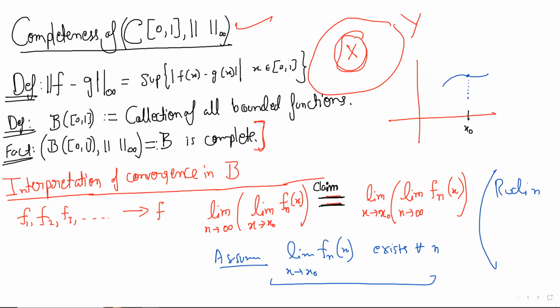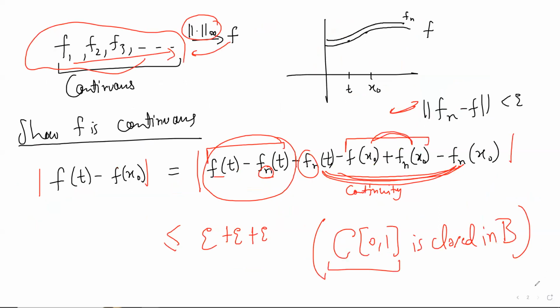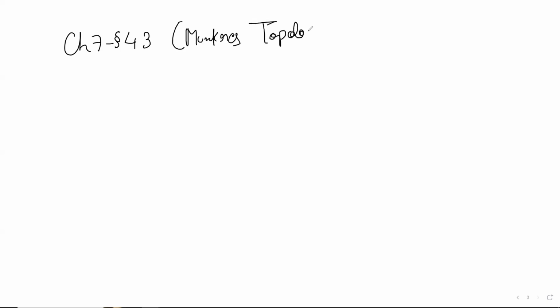Chapter 7, section 43. That's the easiest way, because there are many other things in this book. So this is section 43, Munkres, Topology, James Munkres. Also, an Indian edition is there.